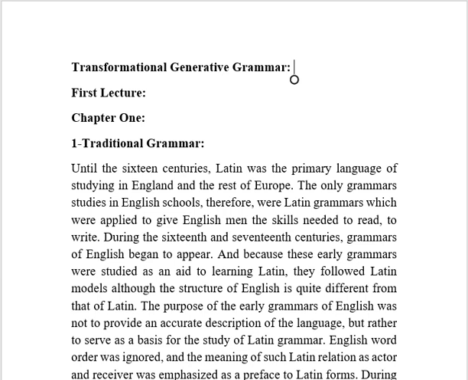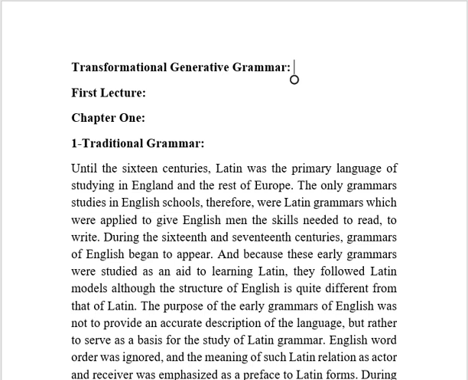بمعنى transformational generative grammar هو القواعد التوليدية أو التحويلية أو القواعد التحويلية التوليدية، يعني تتوالد الجمل بعضها من البعض.